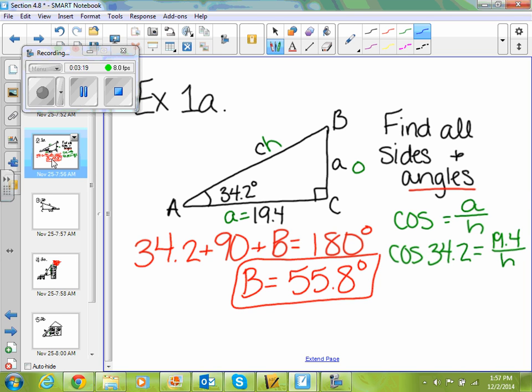If we solve that for h, then I get h is equal to 19.4 divided by cosine of 34.2.